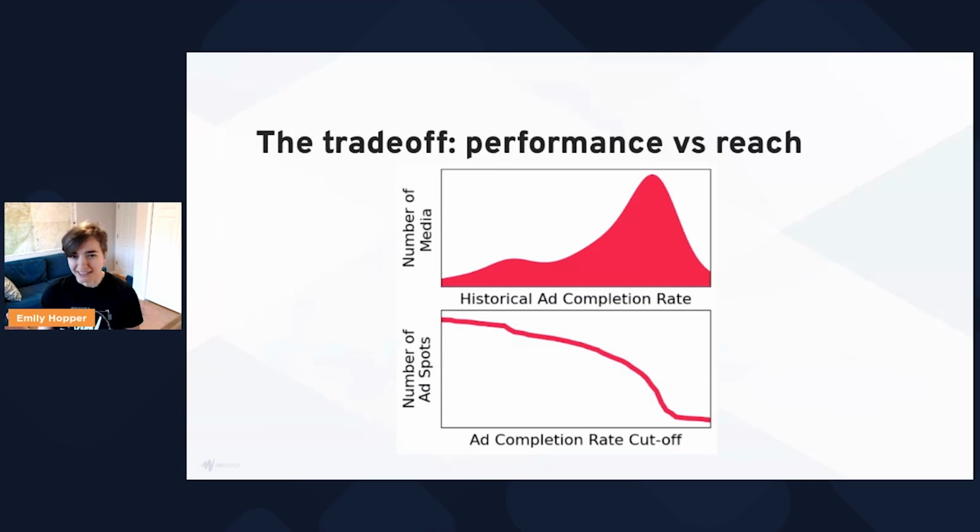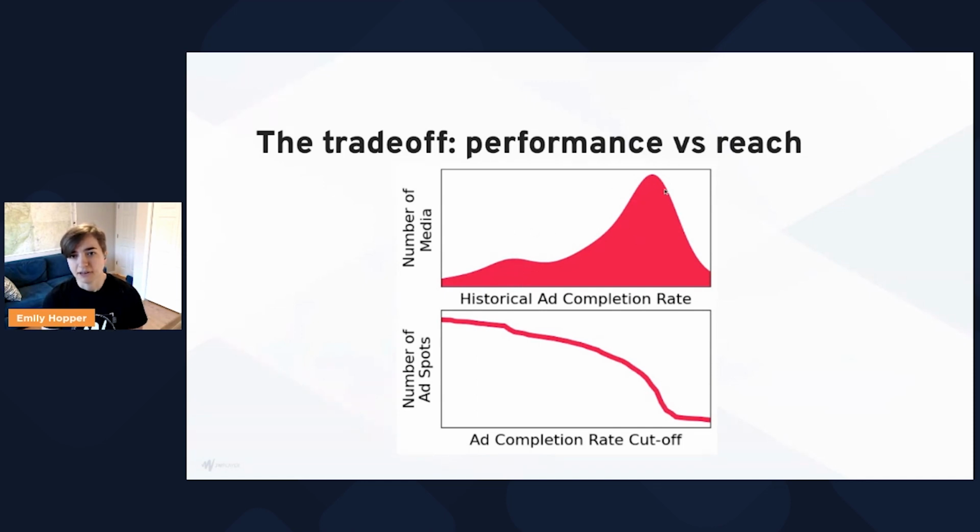Of course, there's no free lunch. There is a trade-off, and that is that the better we want these ads that we're passing to perform, the fewer ads we can pass. So here I'm showing for a bunch of our media, what the historical ad completion rate is.